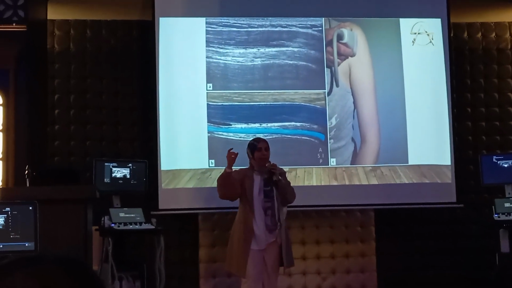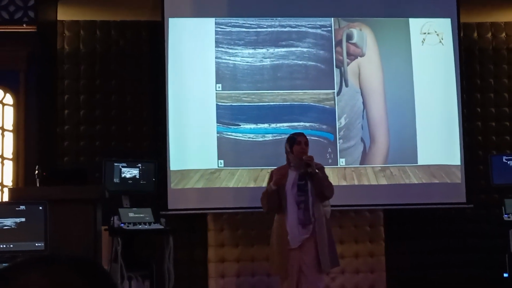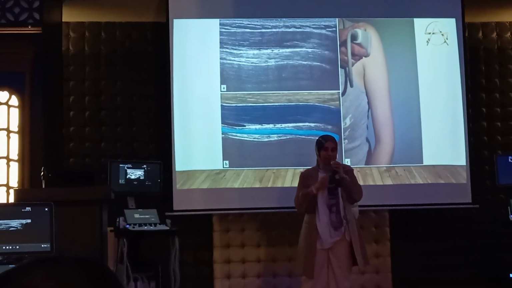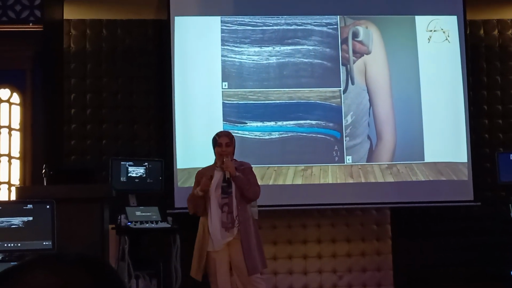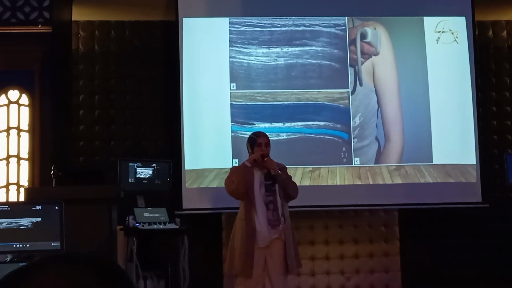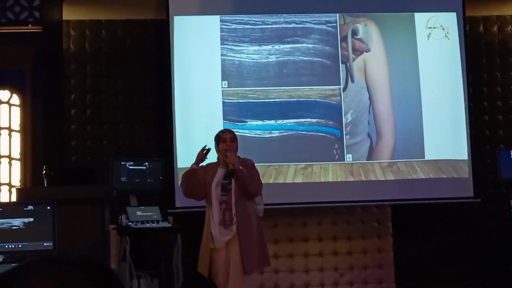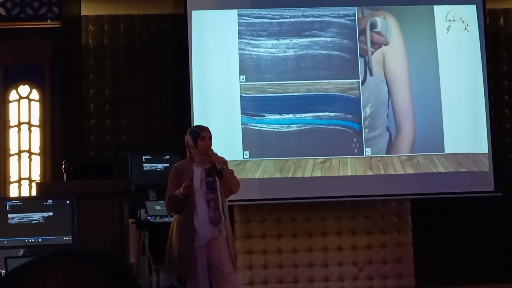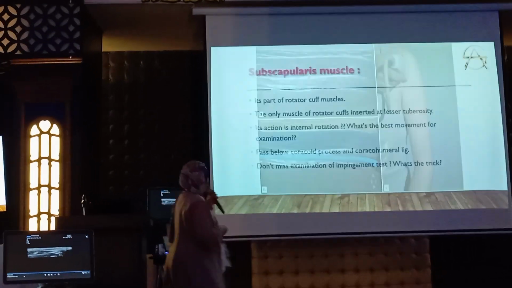Superior is for supraspinatus, middle for infraspinatus, and inferior for teres minor. So the supraspinatus muscle comes from the supraspinous fossa, above the spine of the scapula, to get inserted into the superior facet of the posterior surface of the greater tuberosity of the humerus. How to examine it?